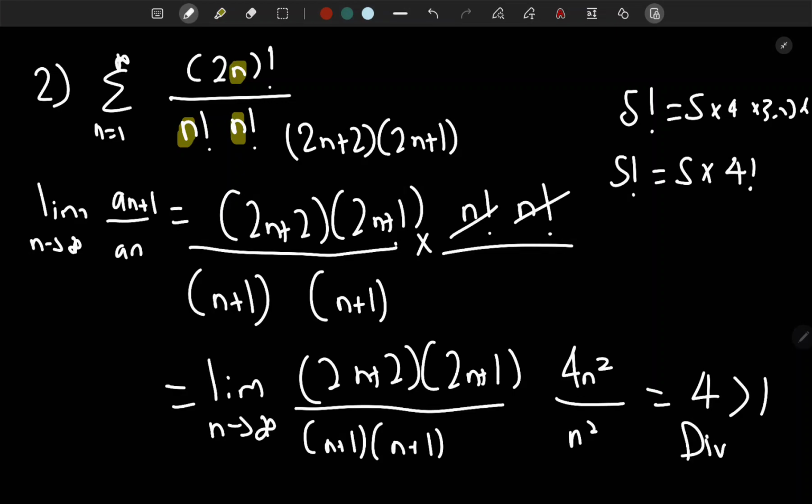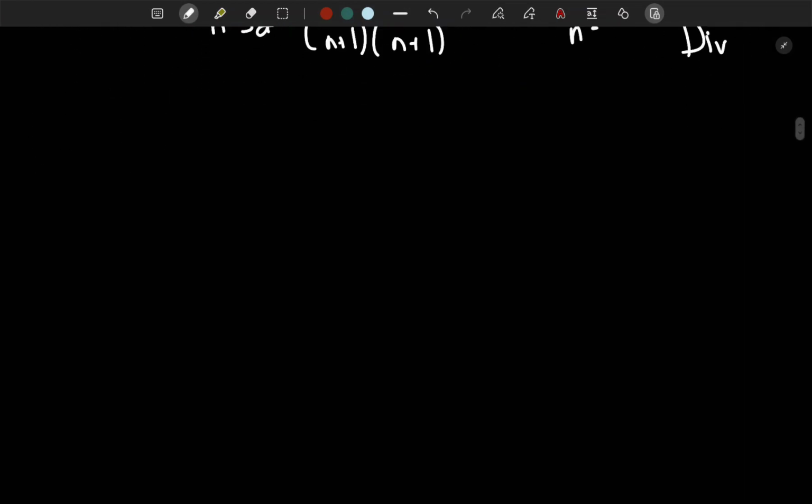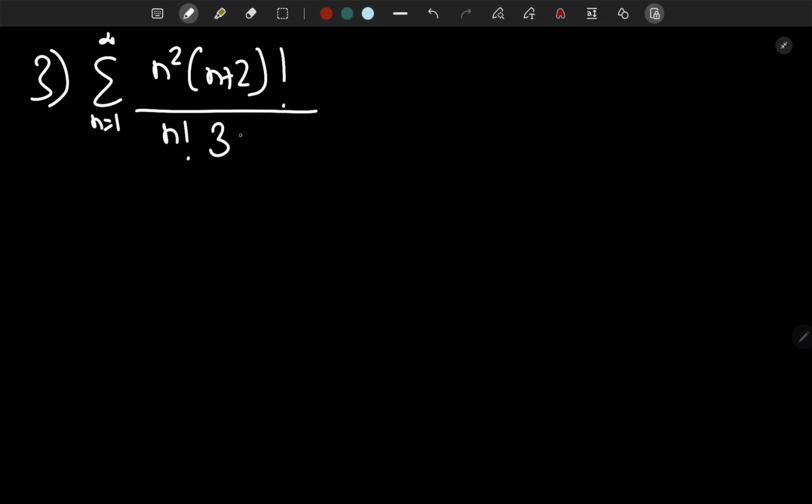And that's there. So now let's do another example, another question, which is more complex. So we have the series from n equals 1 all the way to infinity of n squared into n plus 2 factorial over n factorial into 3 to the power of 2n.